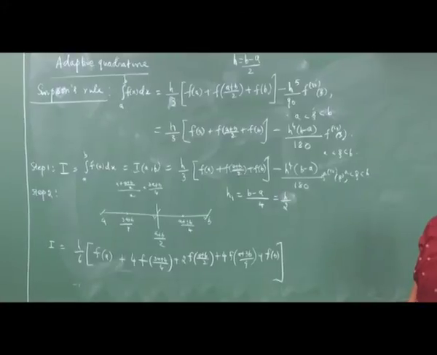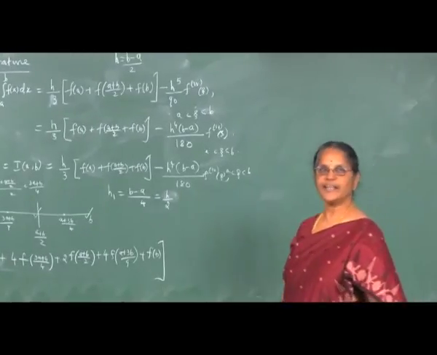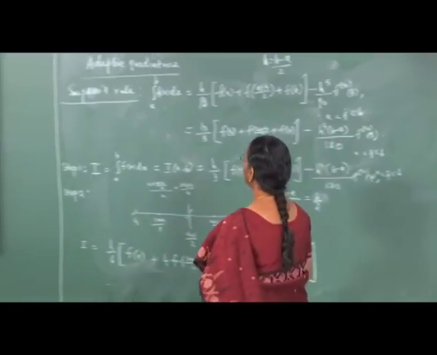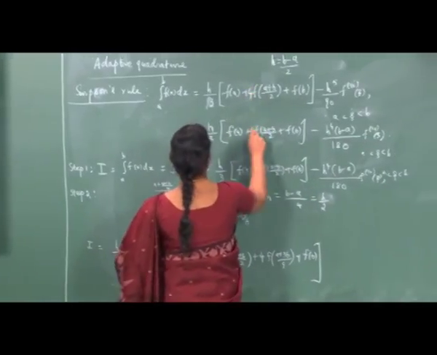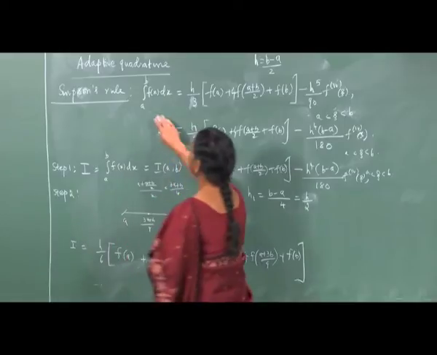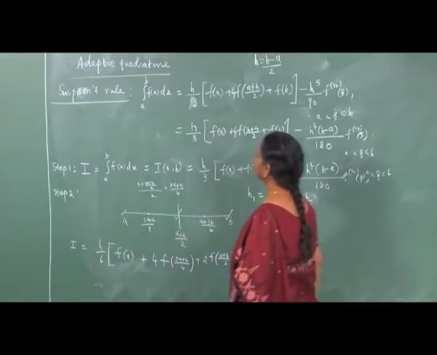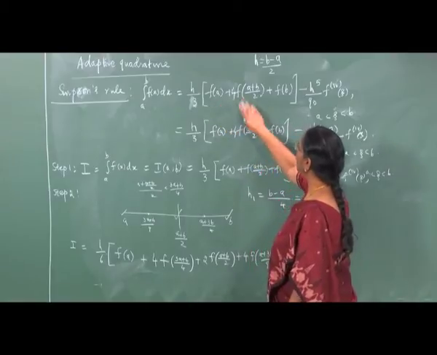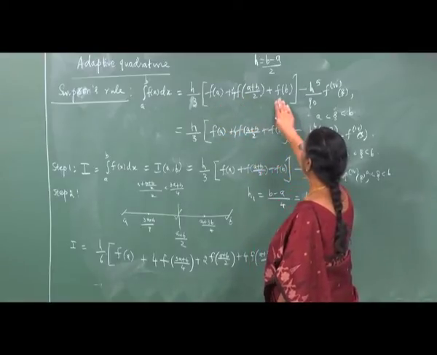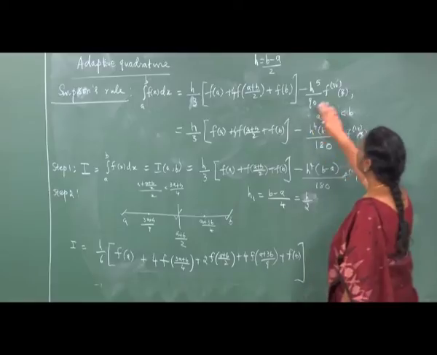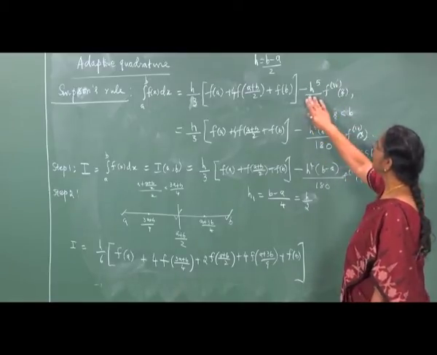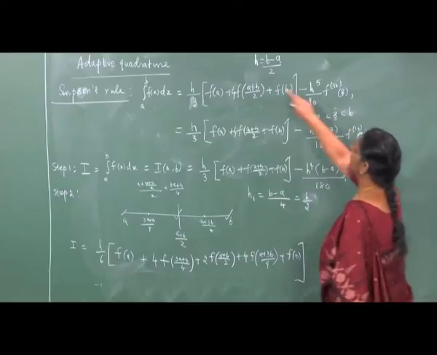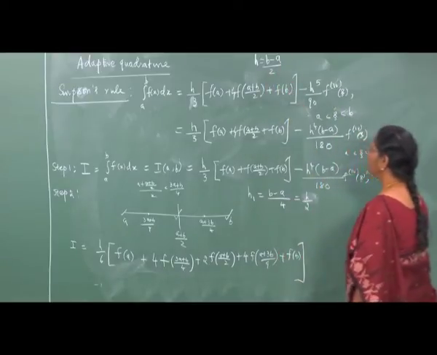So, let us now derive the adaptive quadrature technique, which is based on Simpson's rule. Simpson's rule tells us that integral a to b f of x dx is h by 3 [f of a plus 4 f of (a plus b) by 2 plus f of b], and the error involved is of order h power 5, where h is (b minus a) by 2.